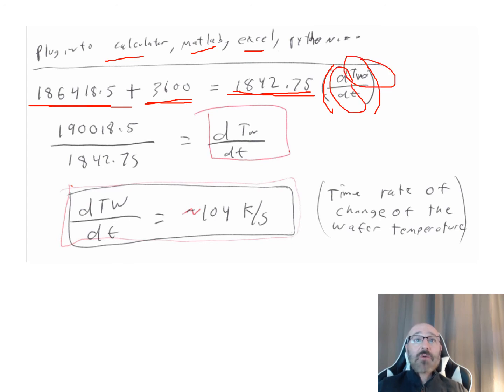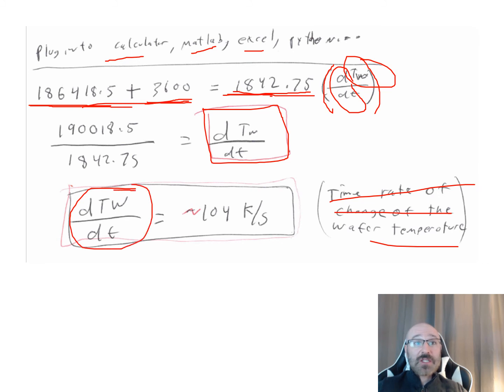We can rearrange, add these two together, divide by this to get this on its own, and we plug and chug. We end up with our time rate of change of the wafer temperature, dT_W/dt, approximately equal to 104 Kelvins per second. Does that make sense for units? Well, it's the time rate of change of wafer temperature, so there's our time and temperature right there.